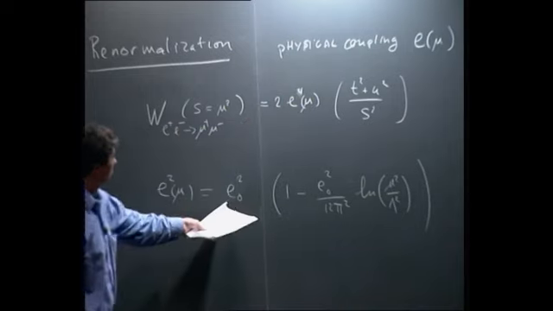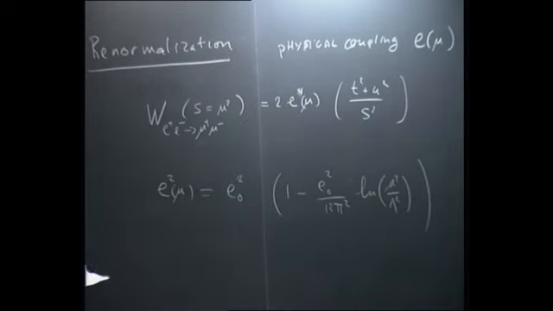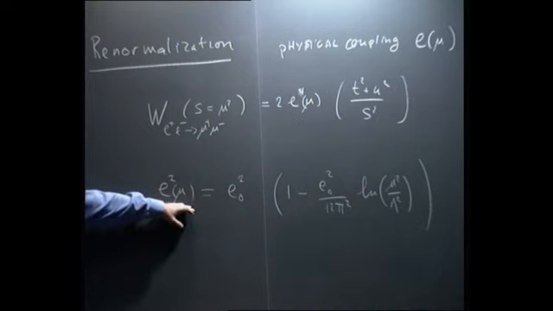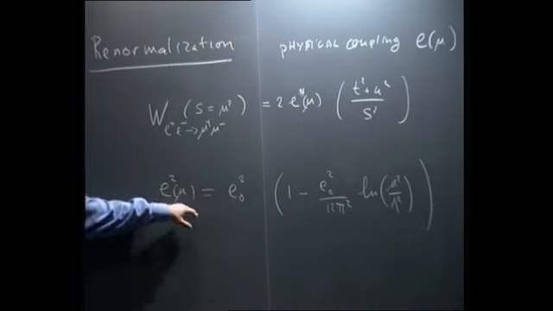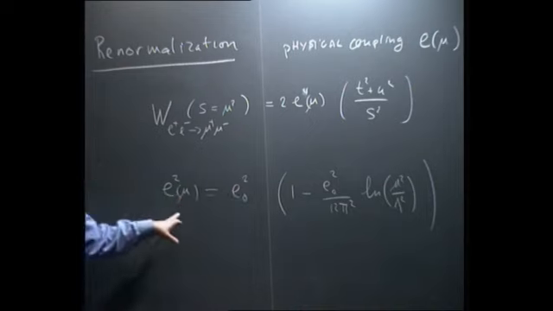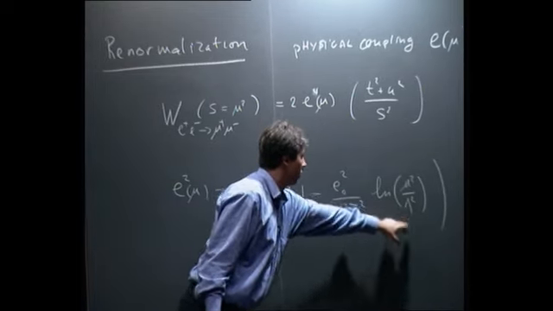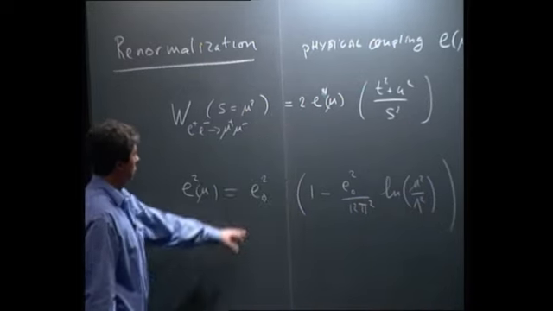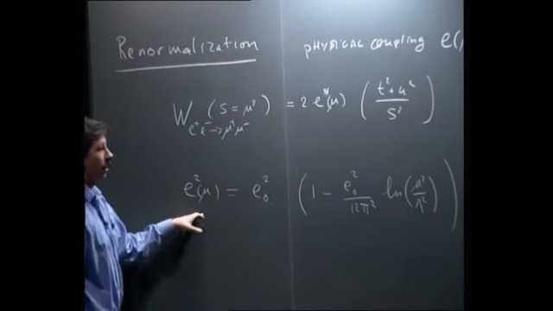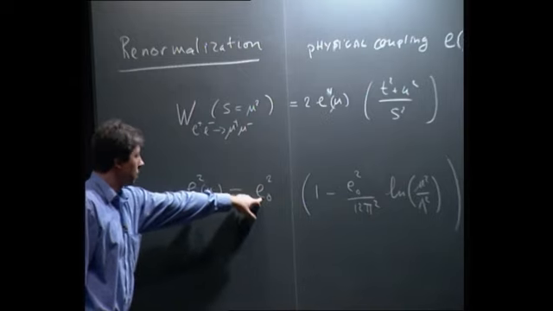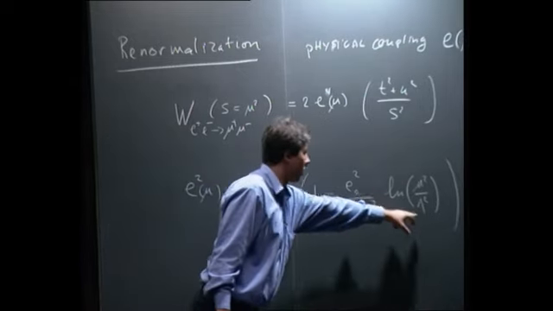And I left a little bit of space in here because this is my physical coupling, and I would like to determine E0, the bare coupling, so that this equation is satisfied. Now on the right-hand side, we have our cutoff, lambda. But I'm going to choose the solution in such a way that this is realized, but then I have to choose E0 to be dependent on lambda.